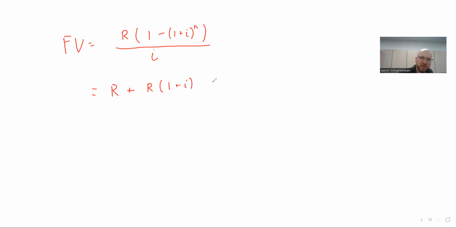Okay. My third year, I put in R. I add it to the last year's, which was compounded once. The first year's was compounded twice. So at the beginning of year 3, I've just added this. Year 2's amount was compounded for 1 year, multiplied by 1 plus the interest rate. Year 1's was compounded twice, 1 plus the interest rate.